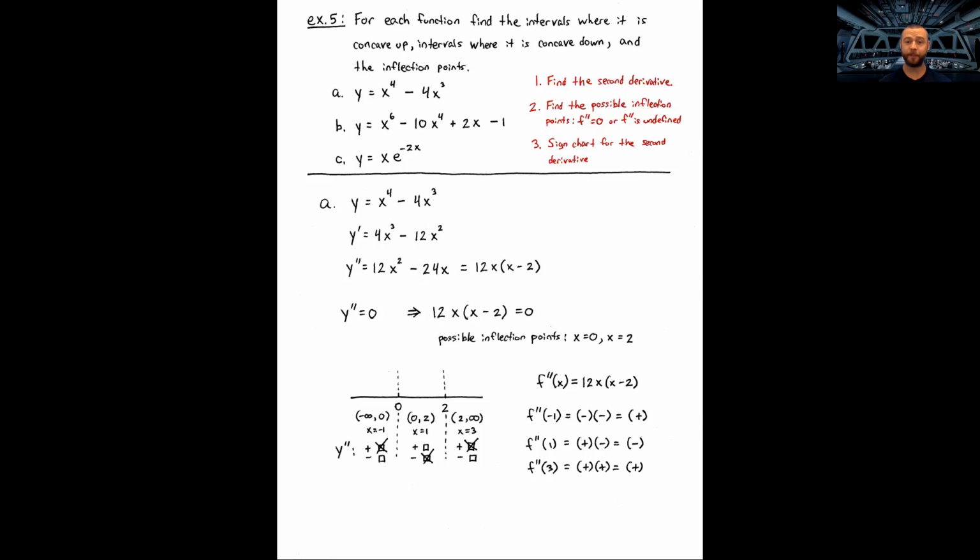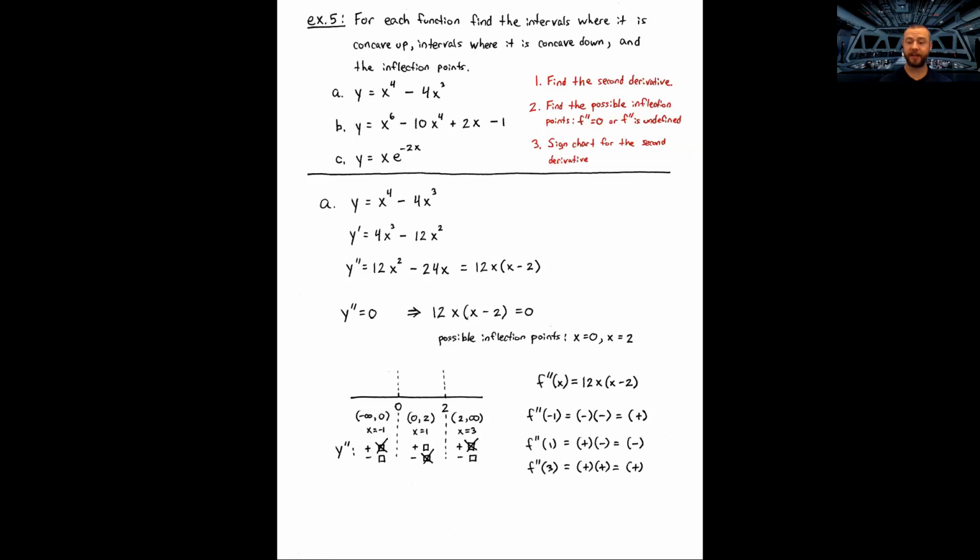And since we have a simplified second derivative, it's factored, we can just determine the sign of each factor. So if you plug in your test points, just look at the sign of each factor. Don't worry too much about getting the precise value of the second derivative. And you should find you get, going left to right, the signs of your second derivative should be positive, then negative, and then back to positive.